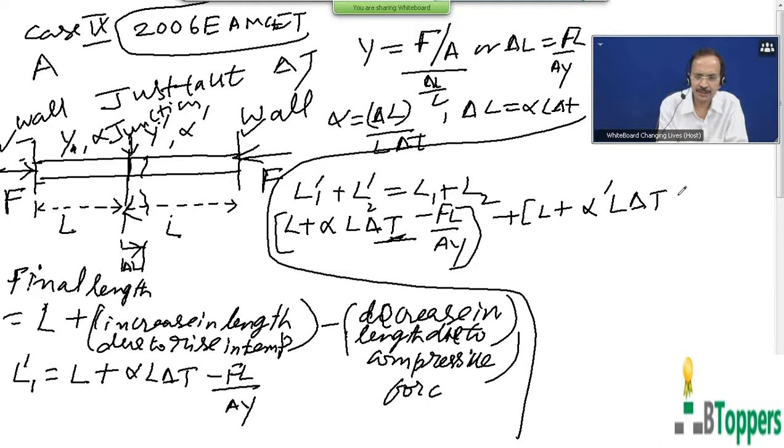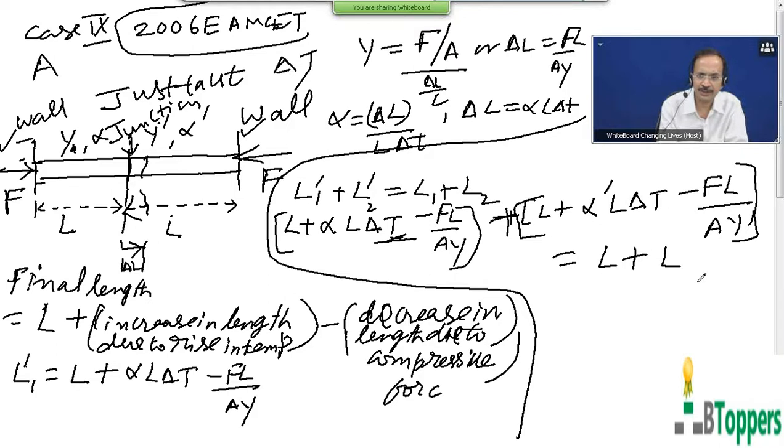Decrease in length of the second rod due to compressive force, you can write as F into L by A into Y dash. That is equal to the sum of the initial lengths. That means this whole thing is L2 dash. L1 is the initial length of the first rod, written as L here. L2 is the initial length of the second rod, which is also L.